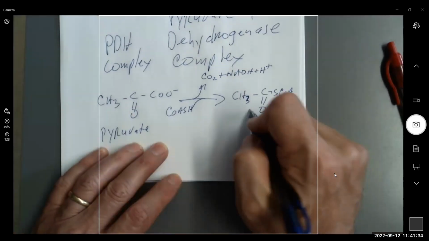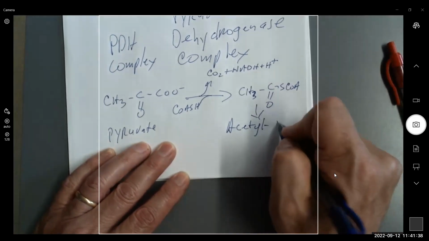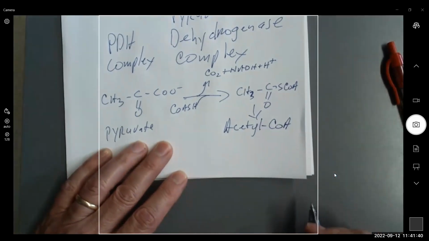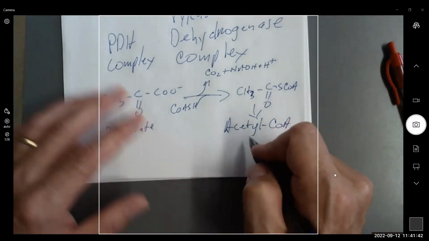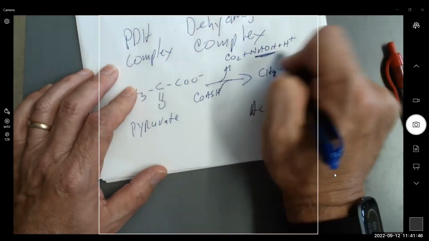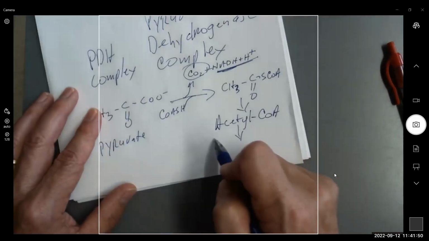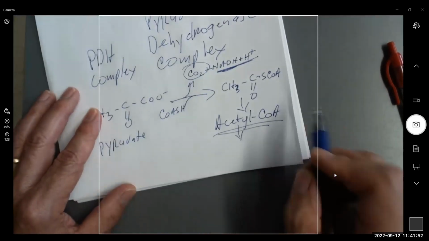So this is called acetyl coenzyme A. That's what's going to go to the next set of enzymatic reactions. So you're going to generate more reductant, you lose carbon here, and now you set yourself up for the next set of reactions.